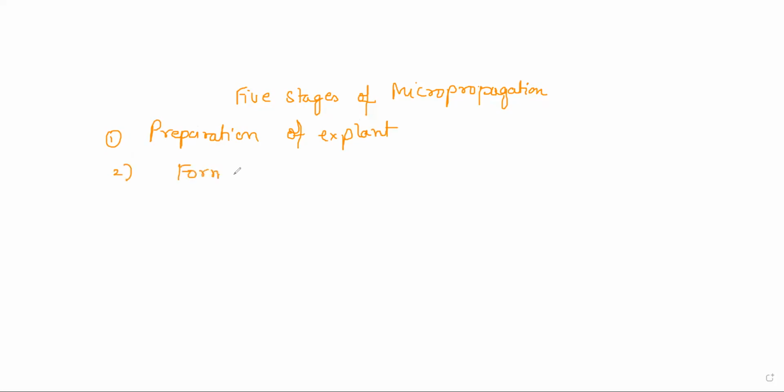Five stages of micropropagation. The first is the preparation of the explant. The second is the formation of the callus.